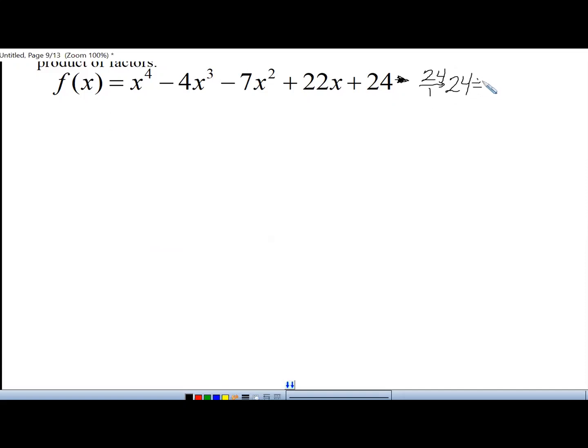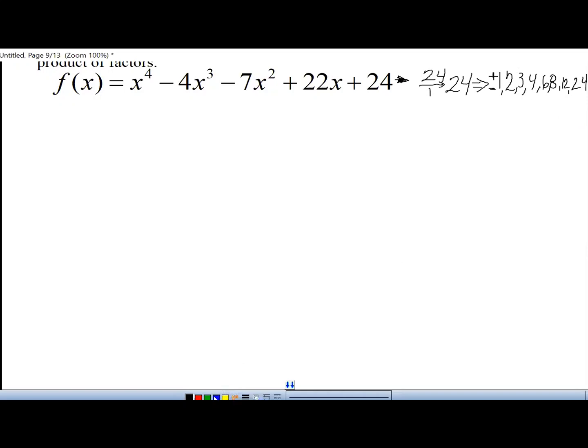So from this number, we can get all possible zeros, either plus or minus. So what are my possible zeros? Let's see, 1 times 24, 2 times 12, 3 times 8, 4 times 6, and those are all the possible factors of 24, which means that any of those, either plus or minus, could be a possible zero of this function.